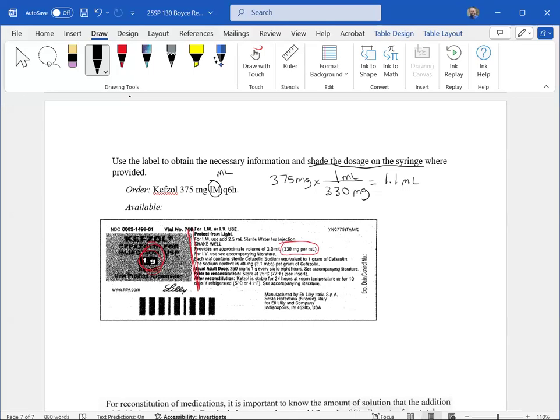It usually isn't any extra math. You just need to find 330 milligrams per milliliter, or if it's 200 milligrams per milliliter, whatever it happens to be. Don't use the 2.5 milliliters. Don't use the 3 milliliters. Use what it says on the label.